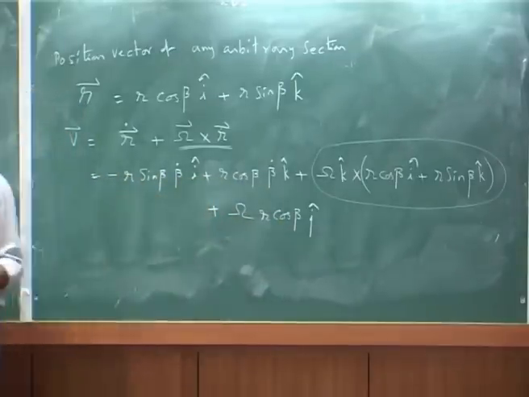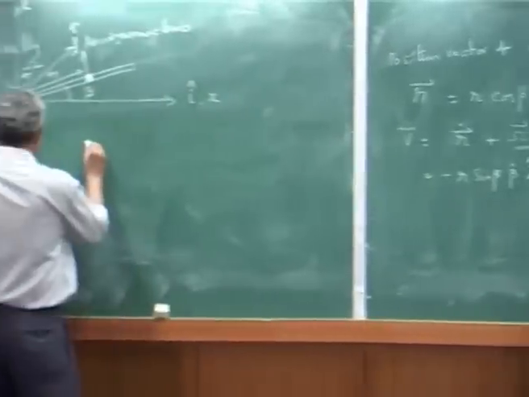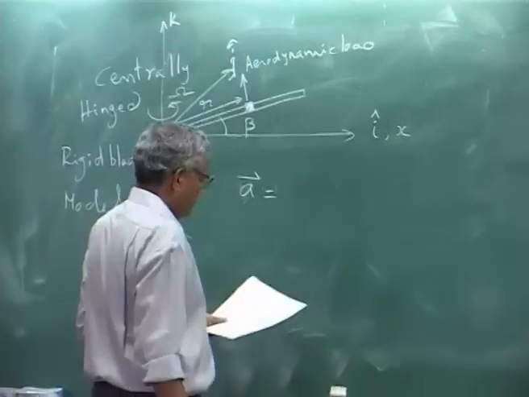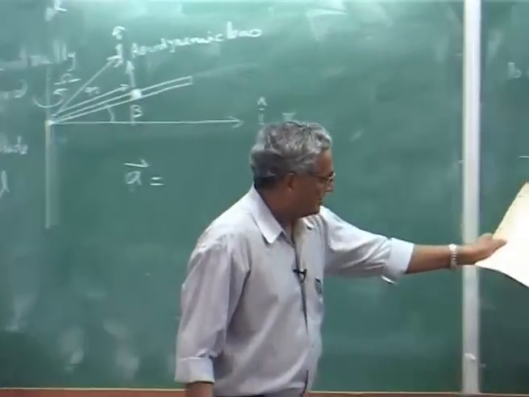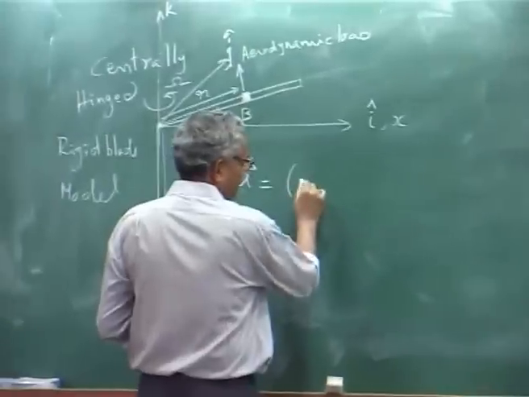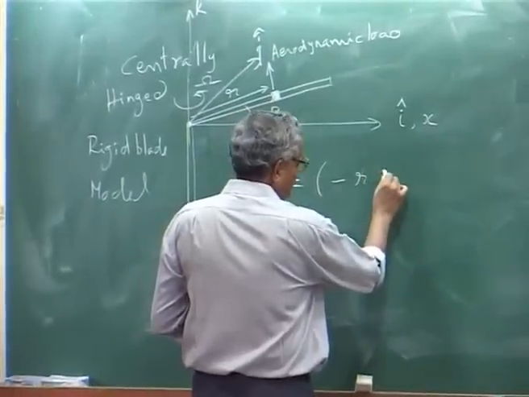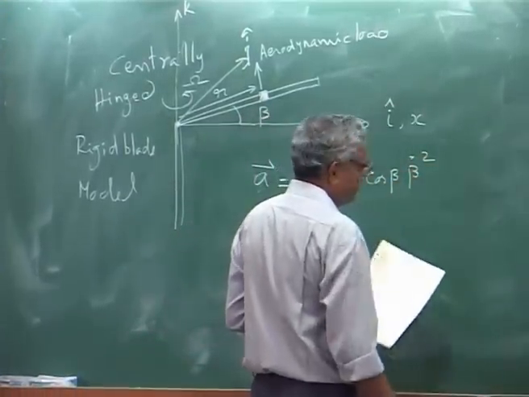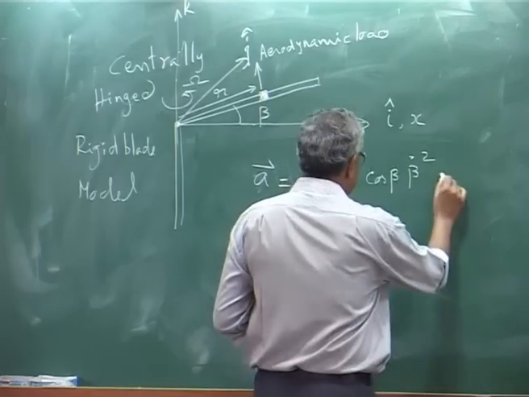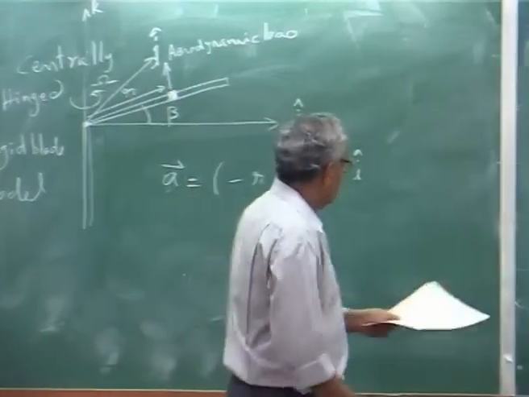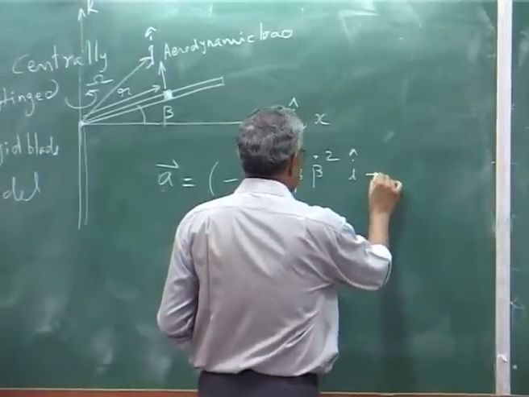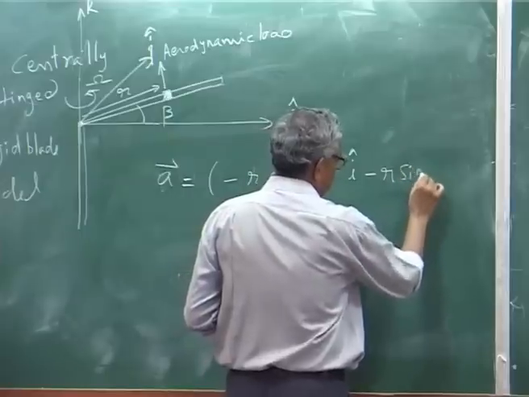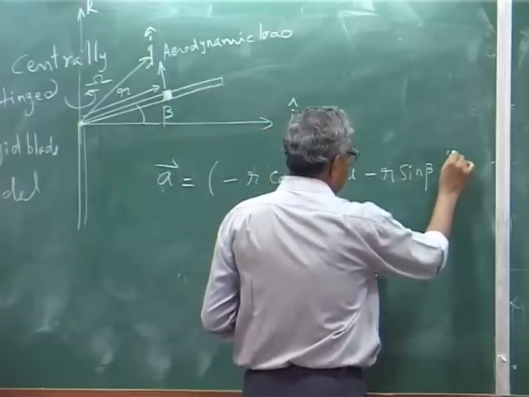So the acceleration is, first take this derivative: minus r cosine beta dot square, I, then another term, minus r sine beta double dot.